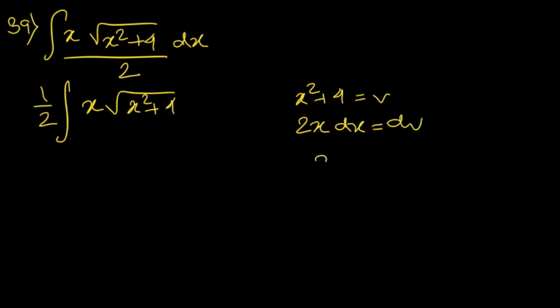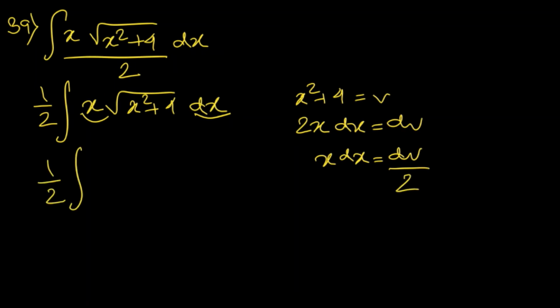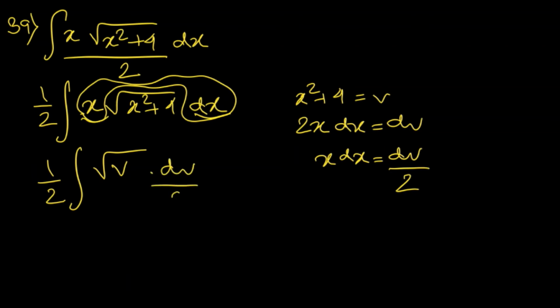So x dx can be written as dv by 2. We can write the integration of x square plus 4 as root v, and x dx, this total term, as dv by 2.